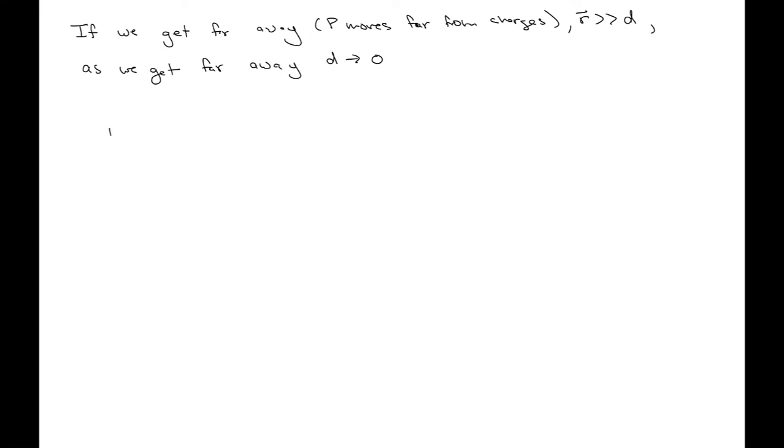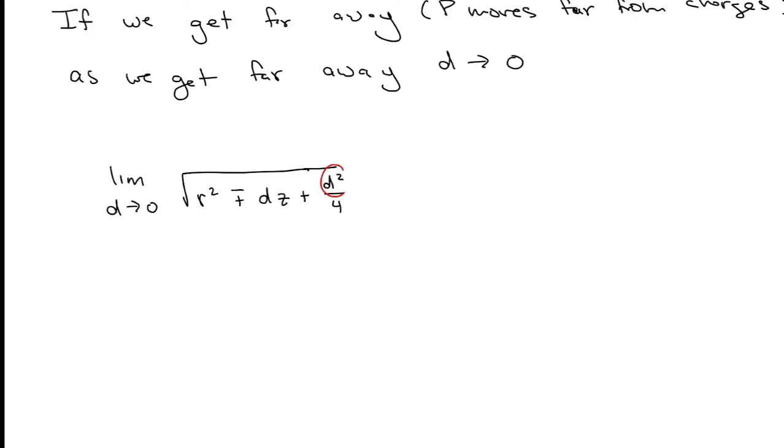In that limit, we're going to take a limit as d goes to 0. We're going to take a limit of this guy, which was what we figured out for our separation vectors. We're going to say this is getting small because it's a small term squared. d is small, so d squared is extra small.